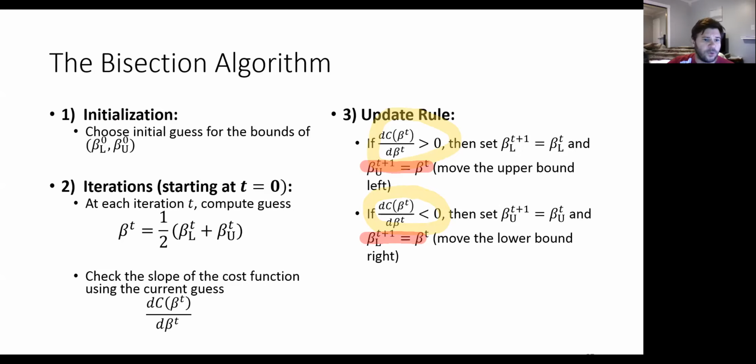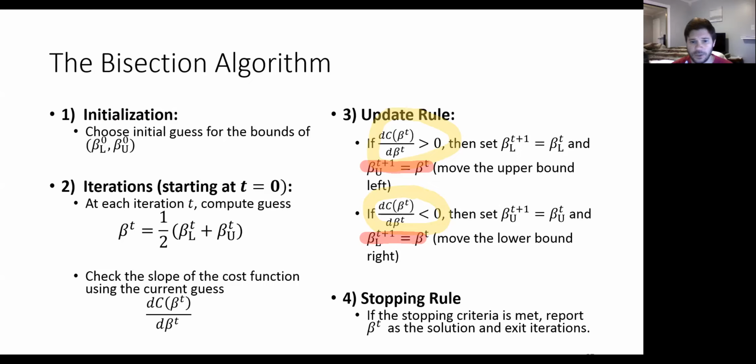And then before we exit and move on to the next iteration, we check: do we meet the stopping rule criteria? We could use any of those stopping rules: maybe the change in beta is very small, or the change in the value of the cost function is very small, or the slope of the cost function is close enough to 0. If we satisfy the stopping rule criteria, then we exit and report beta t at that iteration.